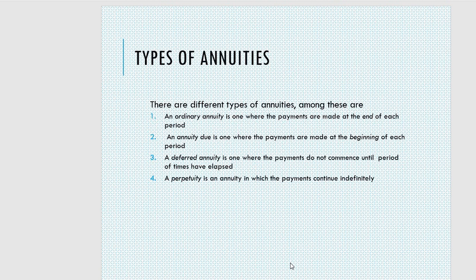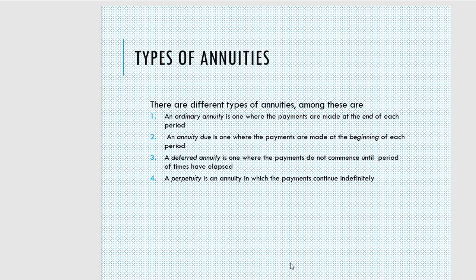Now, an annuity due is one where the payments are made at the beginning of each period, like when you're paying for rent. Ideally, school fees or university tuition fees must be an annuity due. A deferred annuity is one where the payments do not commence until a period of time has elapsed.